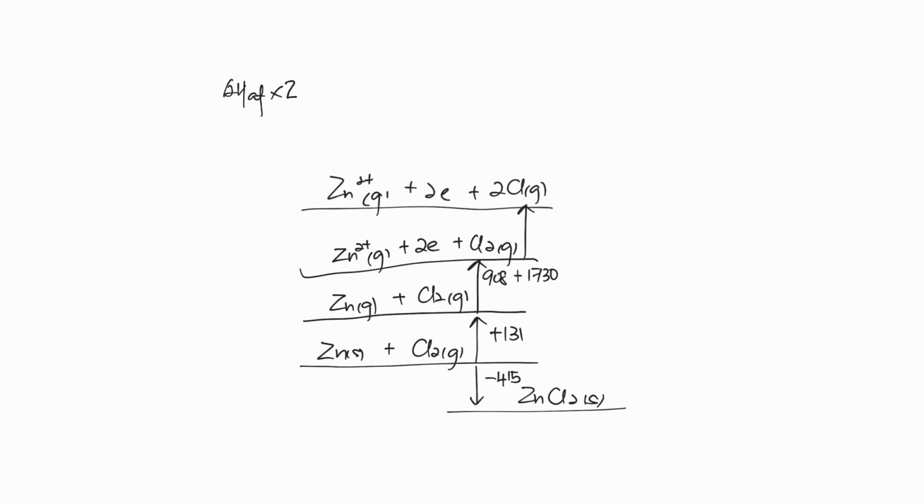Here we involve the relationship where atomization equals bond energy divided by 2. We can get the bond energy of Cl2 in the data booklet, and the value is 244. So bond energy divided by 2 is the atomization of chlorine, and we have to multiply this value by 2 because 2 moles of chlorine gas atoms are formed.